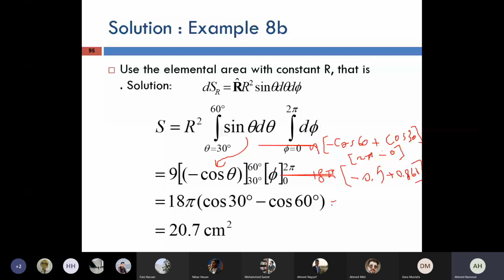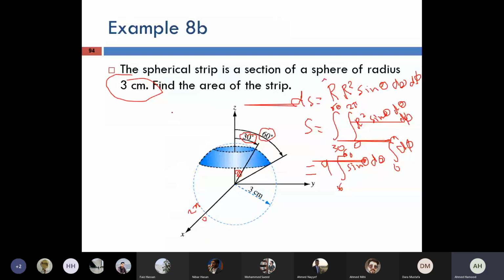So negative 0.5 plus 0.866 multiplying by 18 pi, which equals 20.69 centimeter squared. This centimeter comes from here.